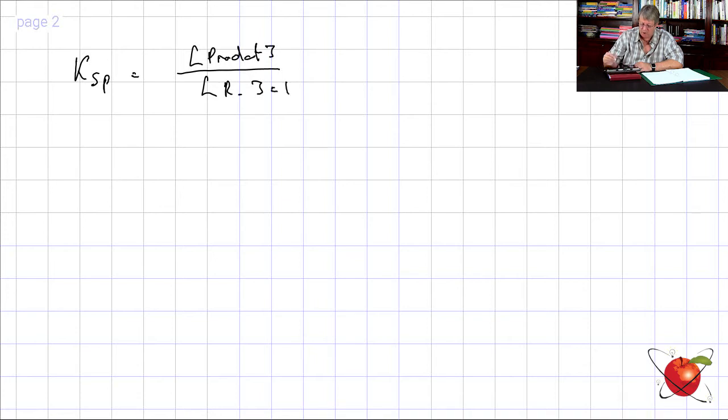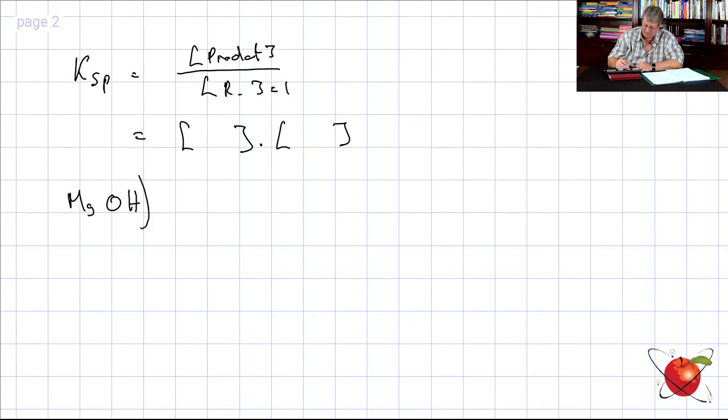But the reactant is equal to 1 in a Ksp. So it's going to be the concentration of the two ions that we get. So if we have magnesium hydroxide, now remember, there's a 2 because that's a plus 2. 2 times minus 1 is minus 2, net 0 charge.